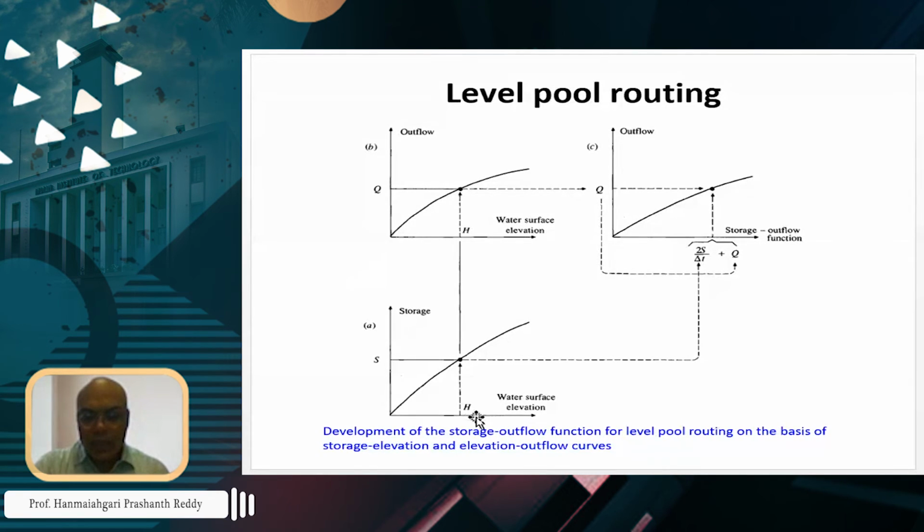For a given H value we know the Q value, and for a given H value we know the S value. So from this we will calculate 2S/Δt + Q, and we will plot a curve. We will fit a curve between Q and 2S/Δt + Q. This is called the storage outflow relation. So for a given 2S/Δt + Q, we know the Q value, the outflow.